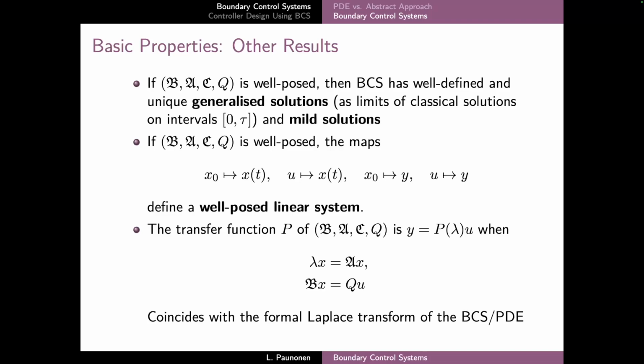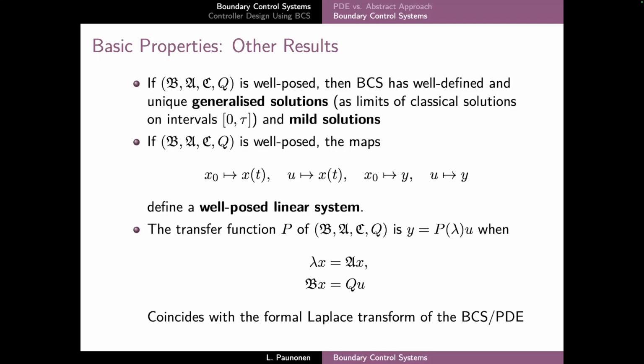This is a class of abstract systems that is understood very well, and this allows us to tap into this existing literature on well-posed systems and bring back results which are then applicable for our boundary control system as well.